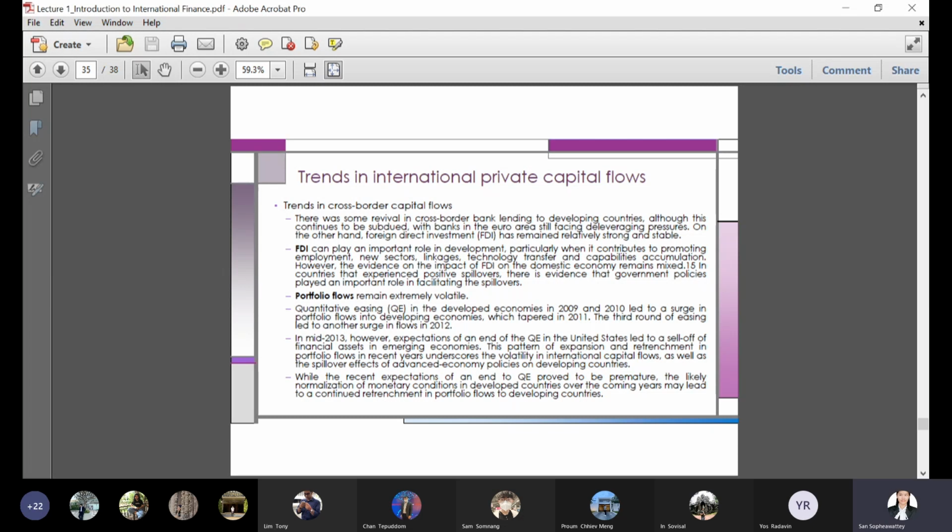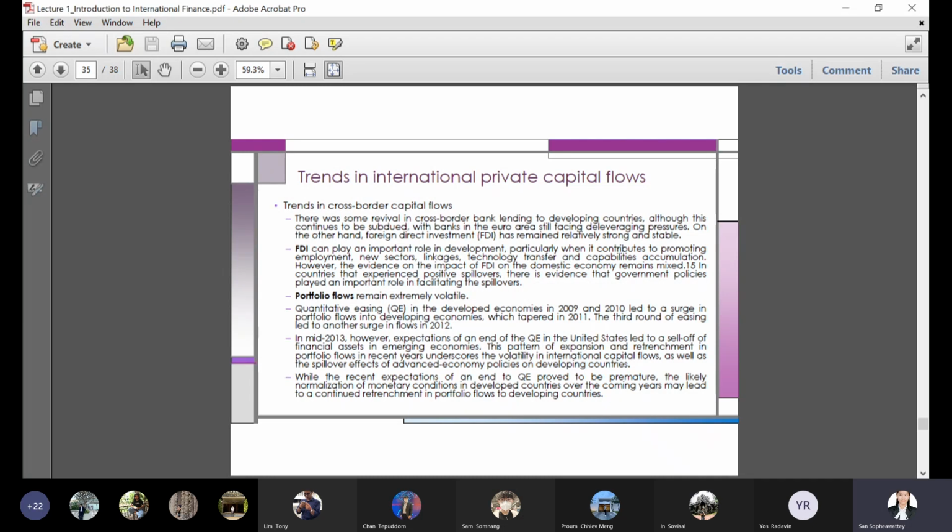those developed economies conducted tapering. Tapering means they stop implementing unconventional monetary policy, or we say they start to raise interest rates. So when they start to raise the interest rate, the investors now move the capital out of developing economies into developed economies.